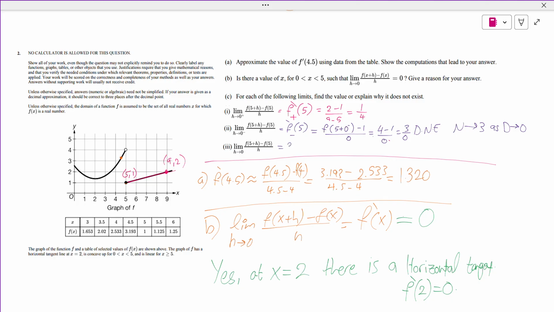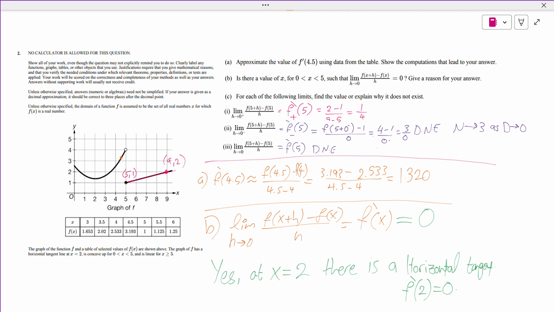Because this is the same as f prime of 5, which doesn't exist. Why? Because there is a jump at x equals 5, or the derivative at 5 from the left doesn't exist. So there are two reasons for the last one. You can mention any of them.